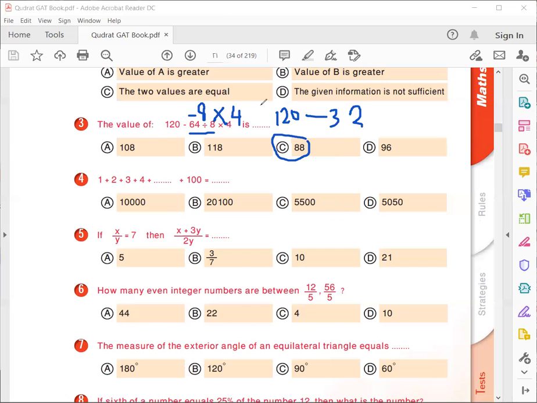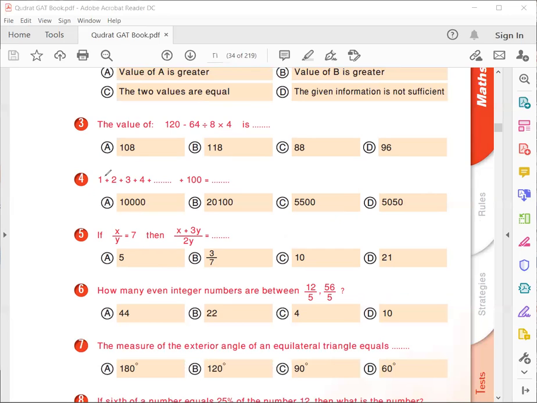And now, number 4. You add from 1 to 100: 1 plus 2 plus 3 plus 4 up to 100. What is the sum from 1 to 100? If you use the rule or your thinking, how?